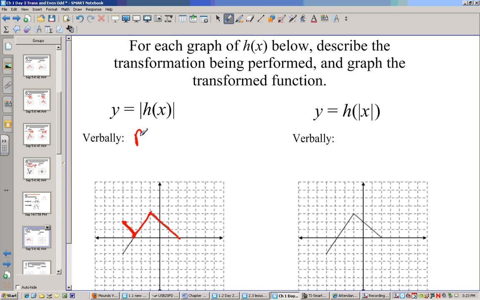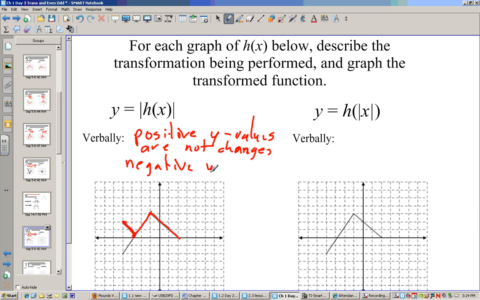So positive y values are not changed. Negative y values are reflected over the x-axis.